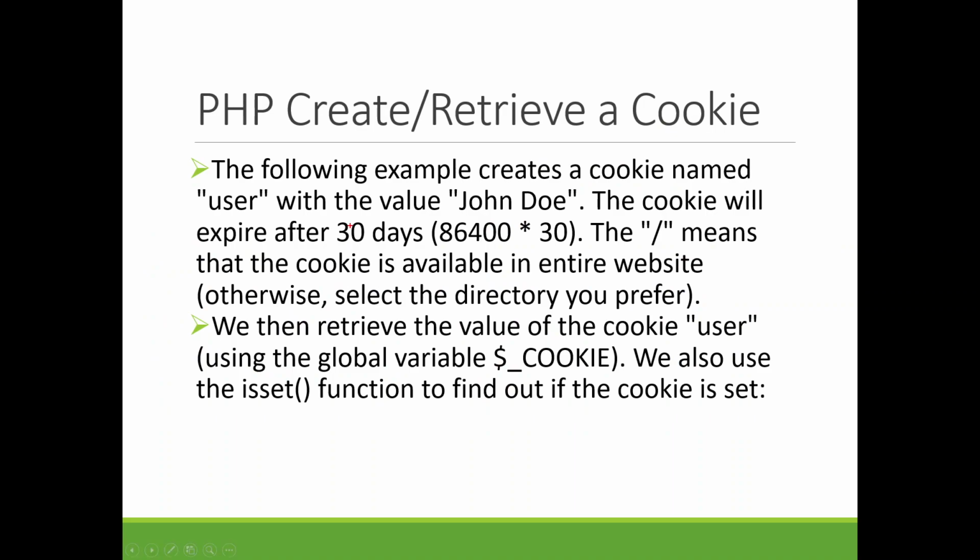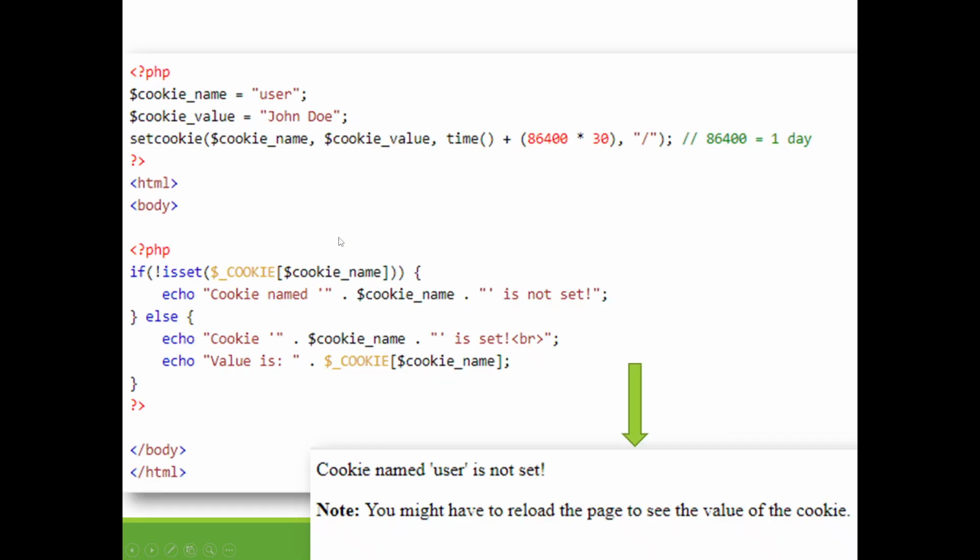Okay, so how do we create and retrieve a cookie? Let's see that here. You create a cookie by using the setcookie function. The first thing it takes is the cookie name. Here we've just created a variable, cookie underscore name, and given it the value user. The next thing it takes is the value, so John Doe; the cookie value is just a variable.